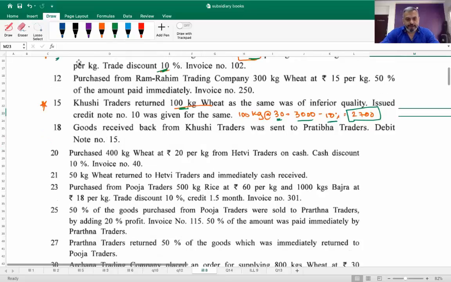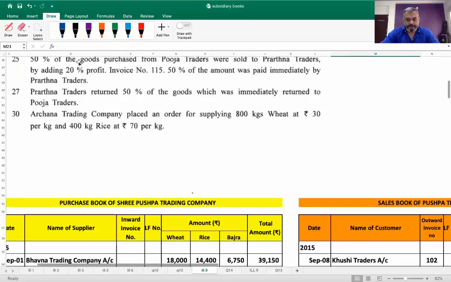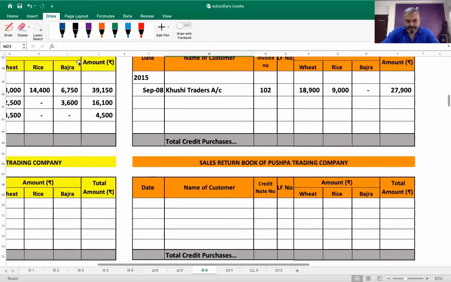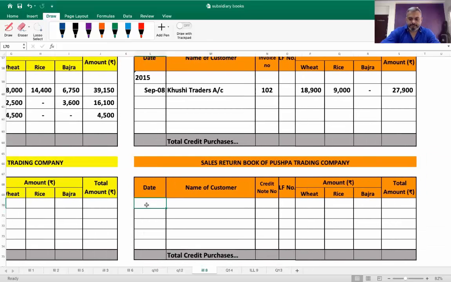It is sales return 15. Below sales, sales return, Khushi Traders account, bill number, credit note number 10.